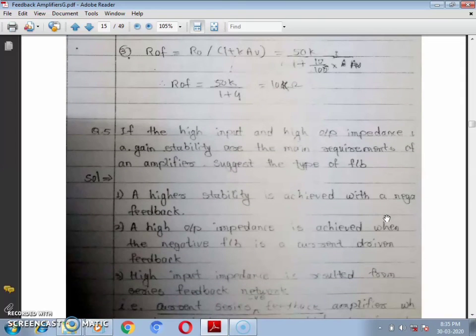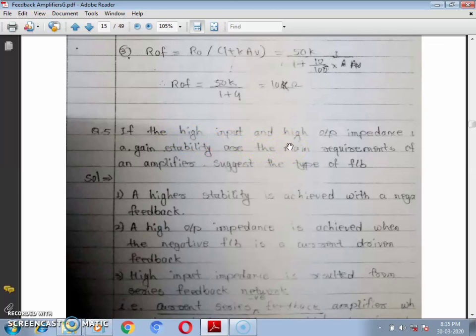Next, if high input impedance and high output impedance and gain stability are the main requirements of an amplifier, suggest the type. So we want high input impedance and high output impedance.